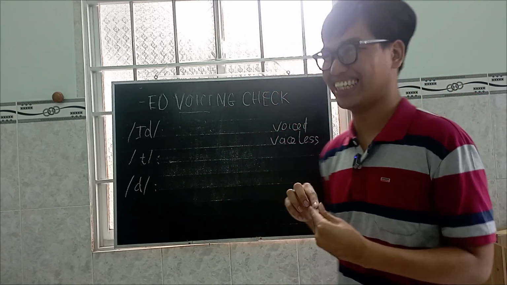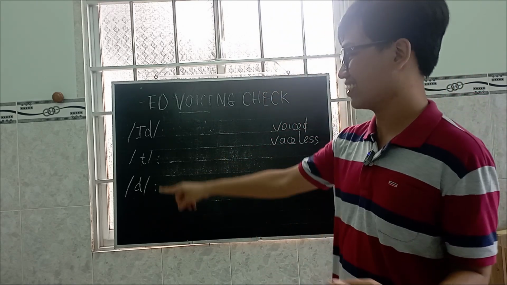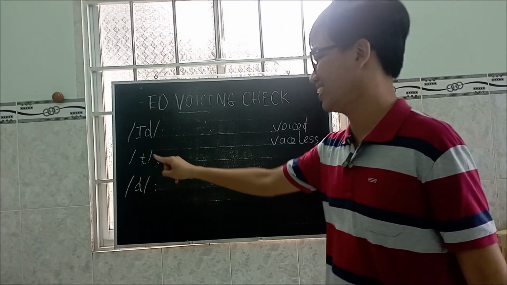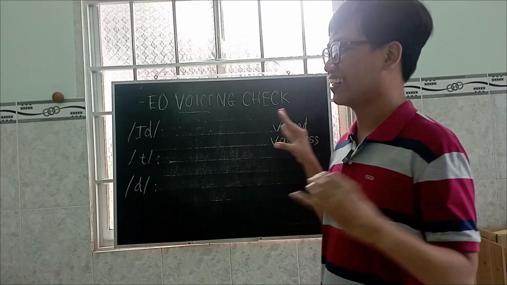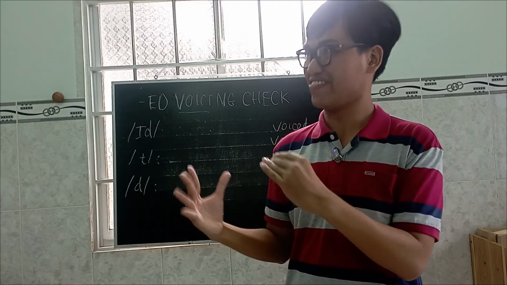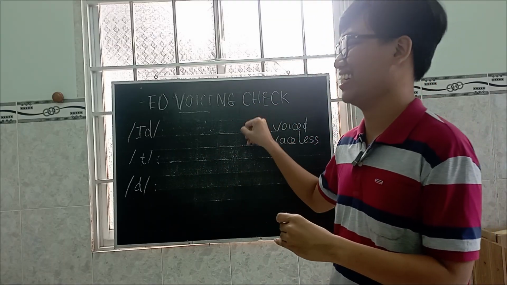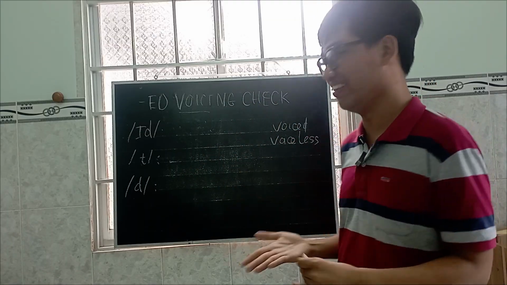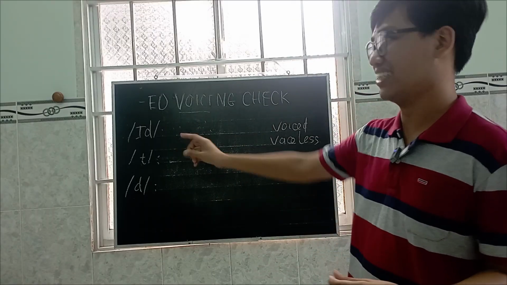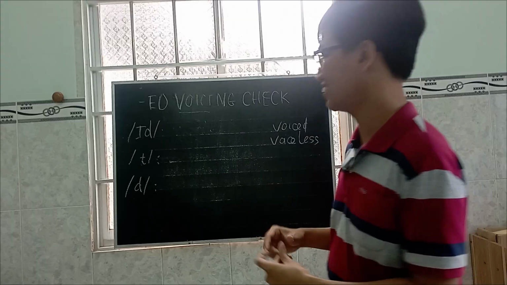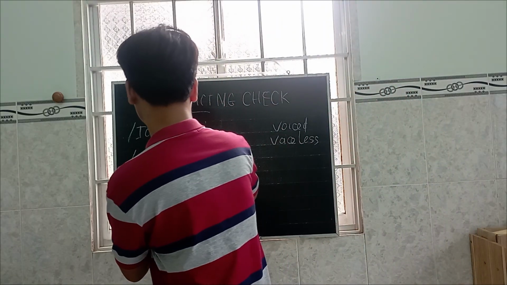It's quite easy, to be honest, because if you look at the two sounds here, t and d, these are the two sounds which, if they are at the end of a regular verb and you add ed to that, we will get it for the ed suffix. Something like this verb.